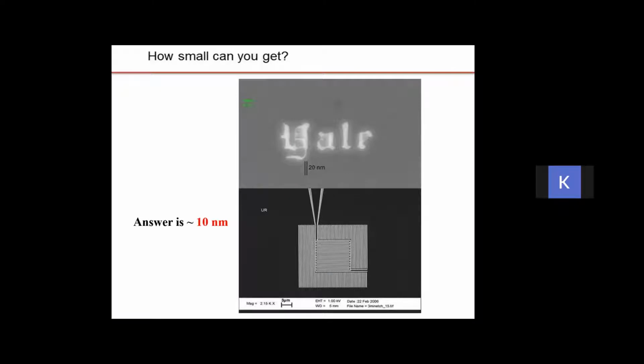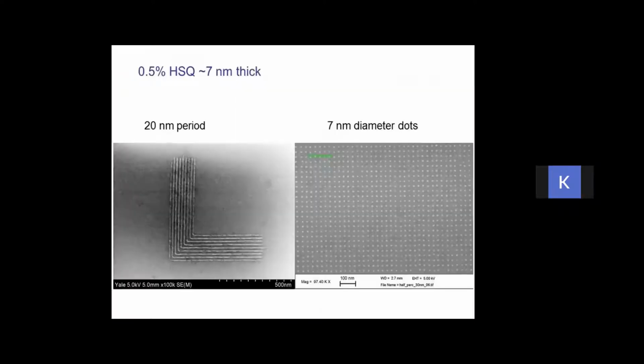So how small can you get? You can see that 10 nanometer was achieved, but that's very rare. And in these cases, the thickness of the resist has to be very low. Otherwise, you cannot achieve patterns in the sub 10 nanometer or sub 20 nanometer range.